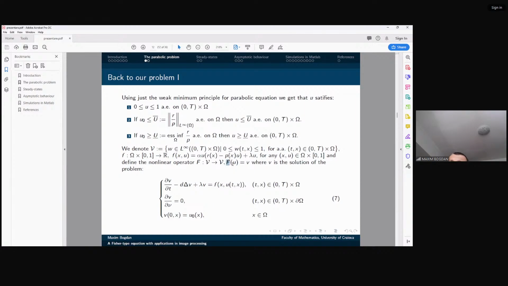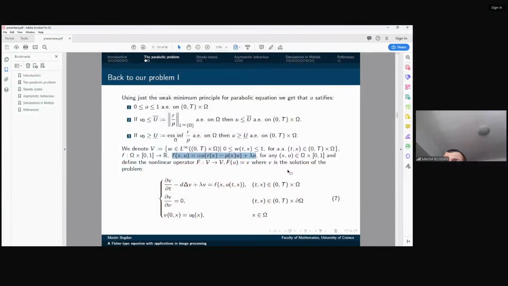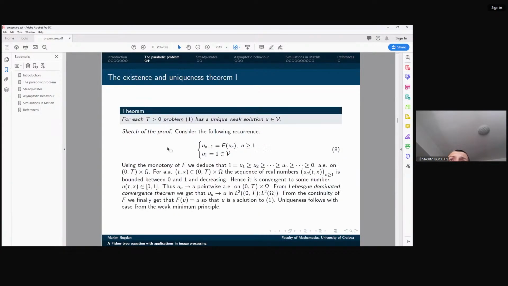If we find a fixed point of the operator F, then we are done. This will be a solution to our initial equation. This lambda here plays an important role because it makes this function monotone, increasing monotone in u. So we can apply monotone methods.